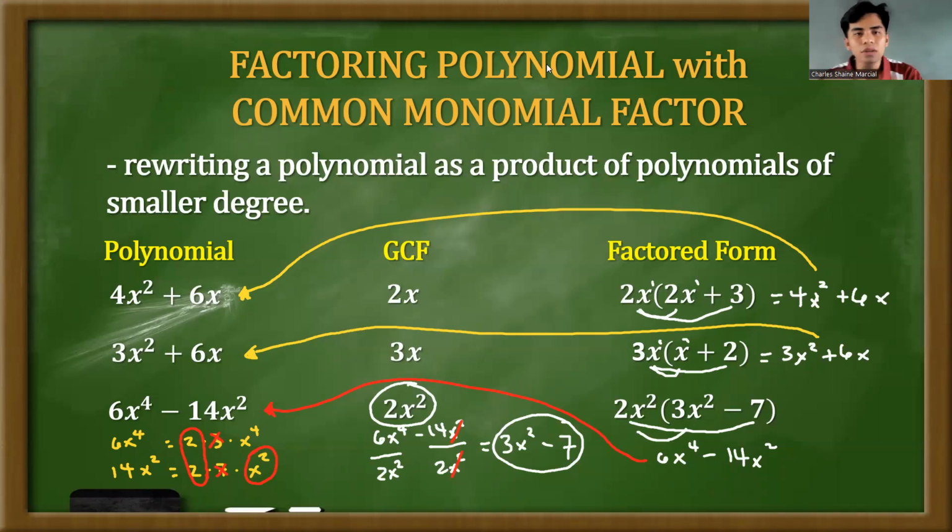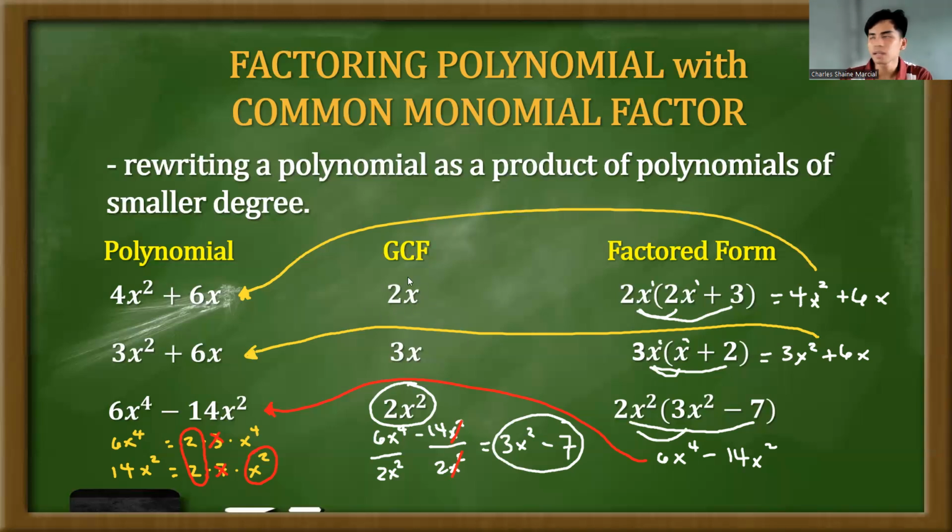Now, ang tatandaan nyo lang, kapag magfa-factor tayo ng isang polynomial, una, hahanapin muna natin yung GCF. Opo. And then after that, i-divide natin yung GCF doon sa kinuhaan natin ng GCF. Okay? So for example, itong 4x squared plus 6x, kinuha muna natin yung GCF.